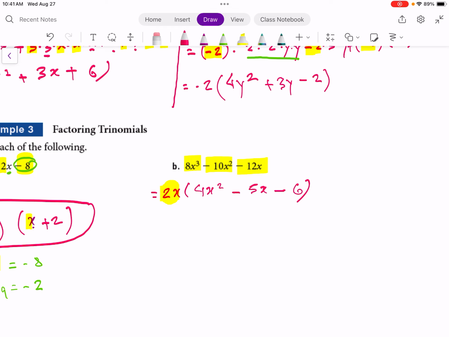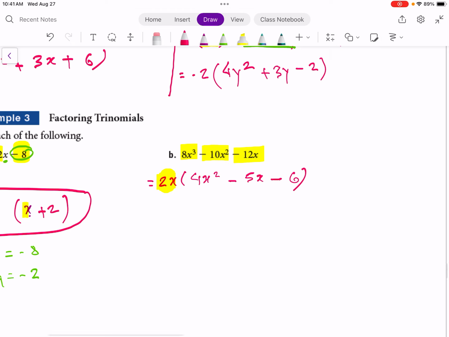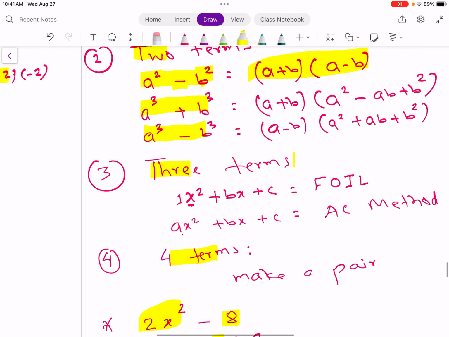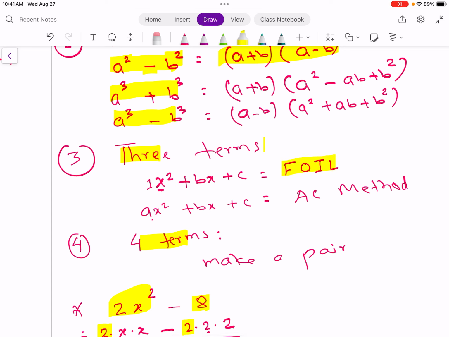Now the second step: how many terms do we have inside the parentheses? We have 3 terms. We have a trinomial. And if it's a trinomial, we have 2 options: using FOIL or the AC method. We use FOIL if the coefficient of the squared term is 1. We use the AC method if the coefficient of the squared term is not 1.